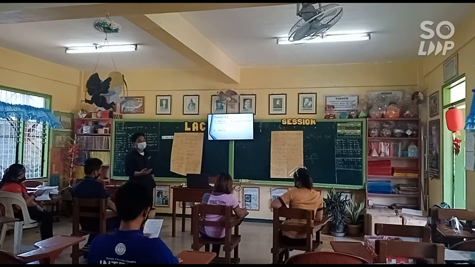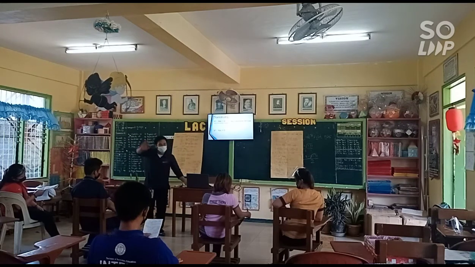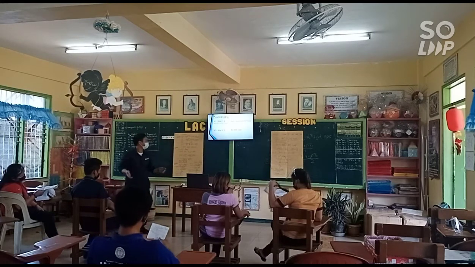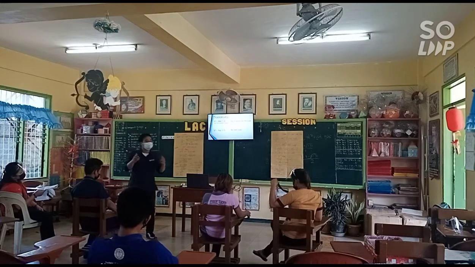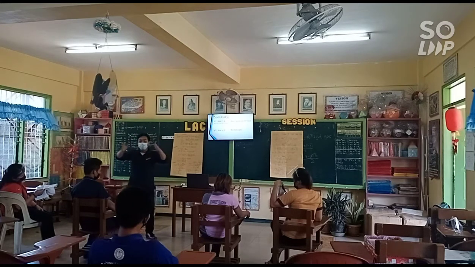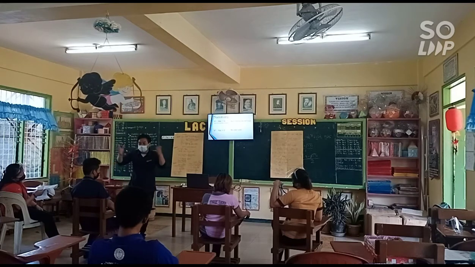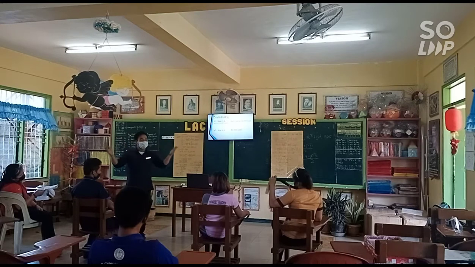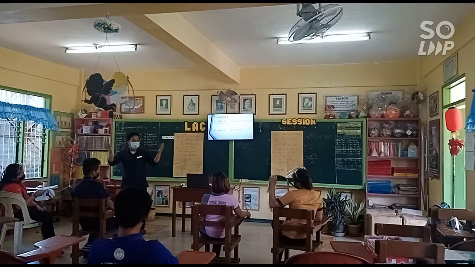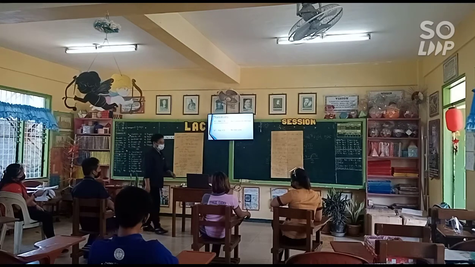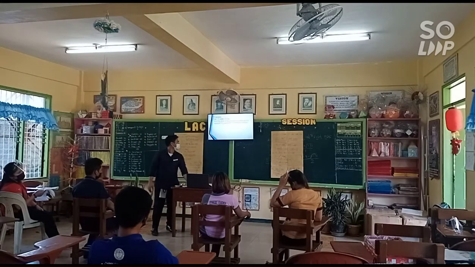No real roots. Okay, no real roots. Why no real roots? Imaginary number. Okay, imaginary number. Negative, sir. Okay, because you cannot extract the square root of a negative number. Okay? So, did you understand?